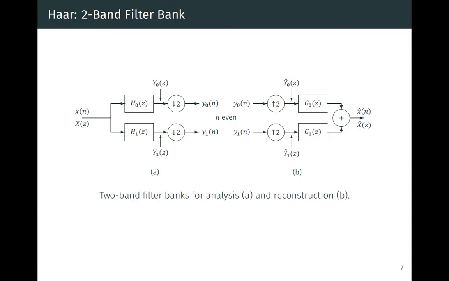So another way of looking at it, like you looked at that in the 2D domain, is that there are two views. Either you look at the subbands themselves, or you look at the interleaved transform.